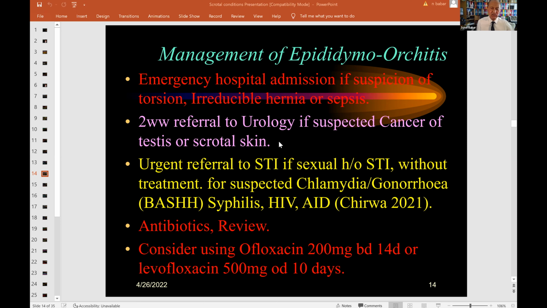If you cannot rule out sexually transmitted infection, then at the outset, without treatment, we would need to urge the patient to self-refer to a sexual health clinic. And this would be for suspected chlamydia, gonorrhea, syphilis, HIV, AIDS, and so on.